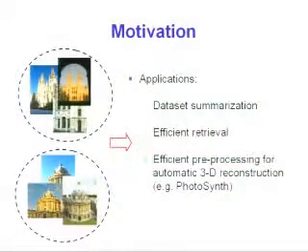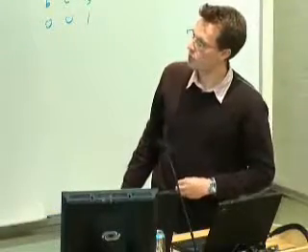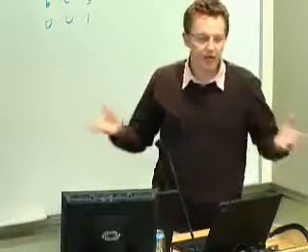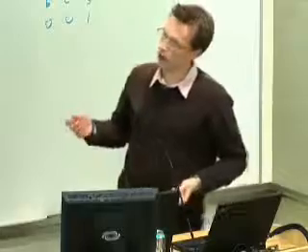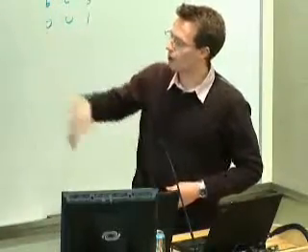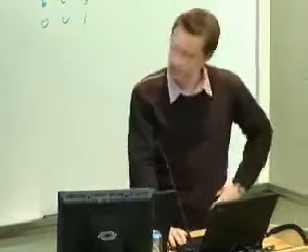And we envisaged several potential applications for this method. One could be dataset summarization. You're given a huge bunch of images, and it's very difficult to characterize that dataset. But I think a useful thing to be able to do is to say this dataset is mainly of the Trevi fountain or of these particular scenes or objects.